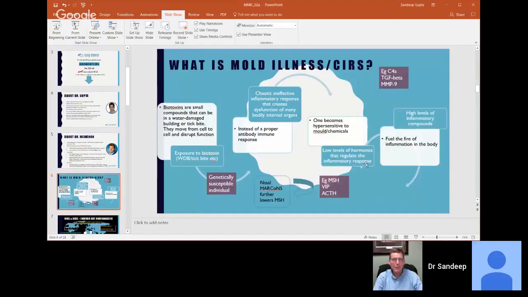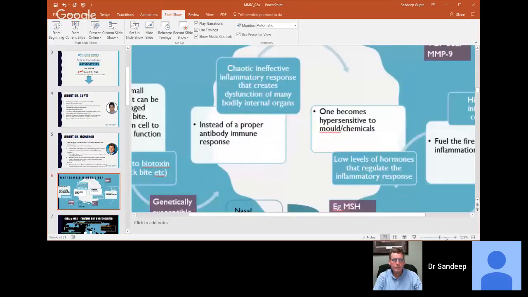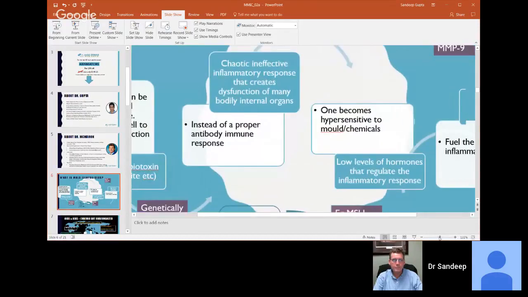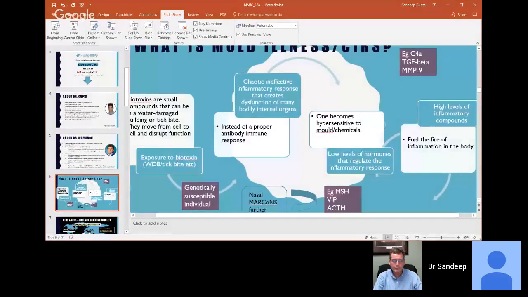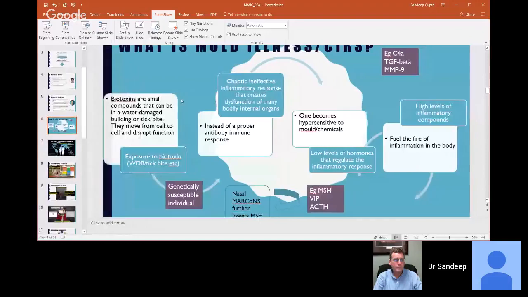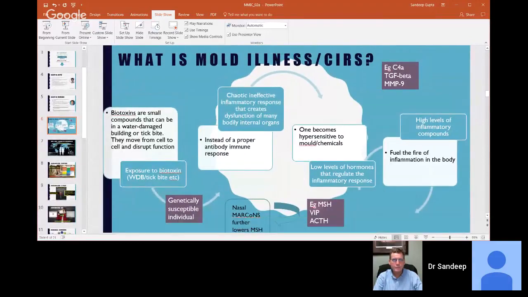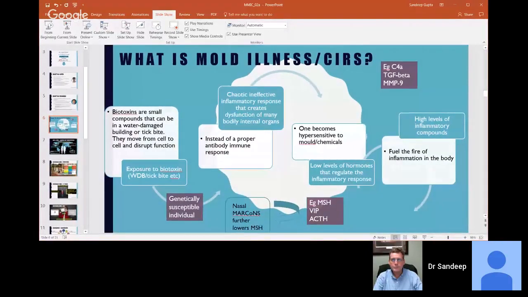Okay, for some reason this is not working in slideshow mode. So what I'm going to do is just put this on as large as I can and run it in non-slideshow mode. I think that's probably the best bet. Is that now showing up on the what is mold illness diagram? Yes, sir. Okay, great.